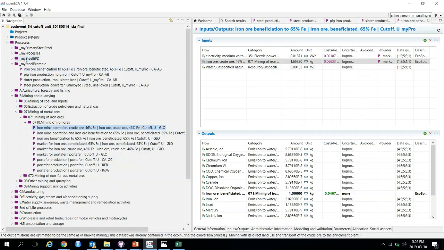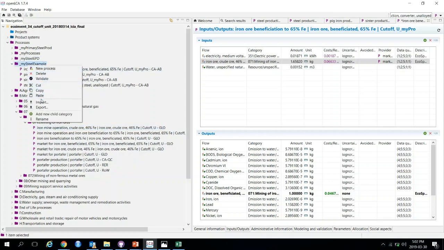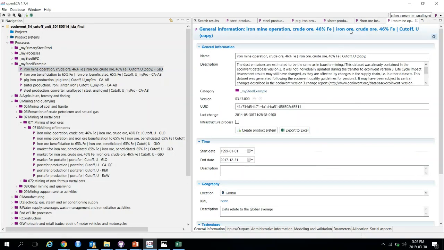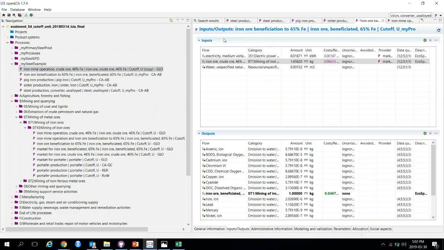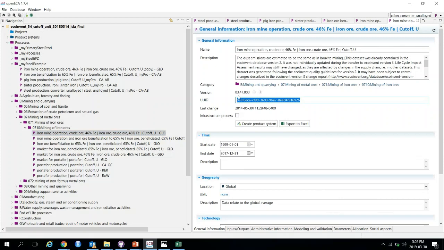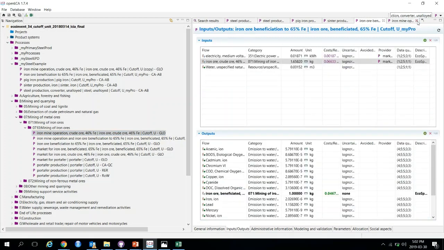So I go copy, I go to my processes, I go paste, and now we have the process for that transforming process of mining iron ore at the mining site, and I can open it up. Let's save this. Again, for documentation purposes, let's open this up and copy the UUID. Close it, don't need it anymore.